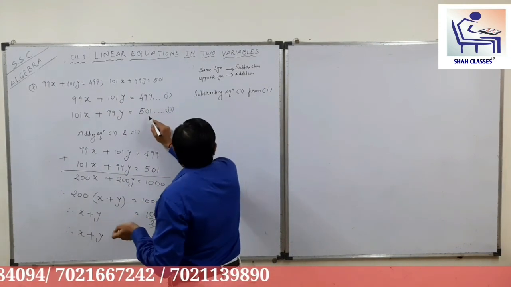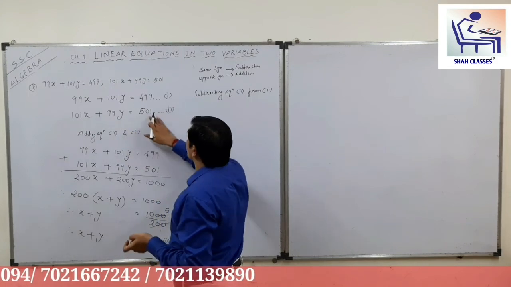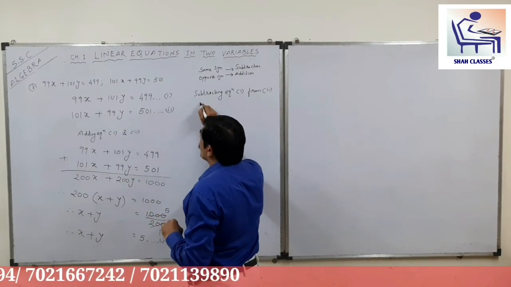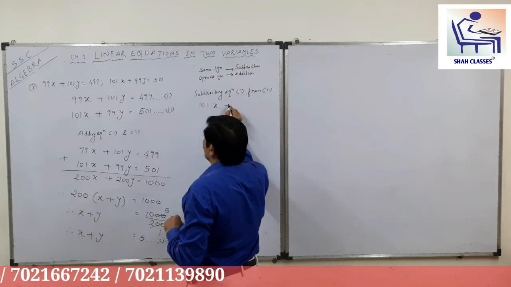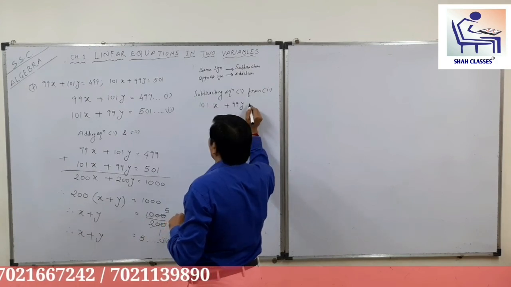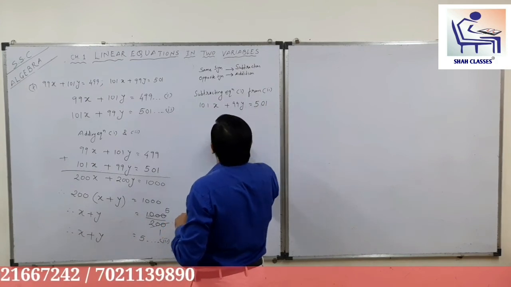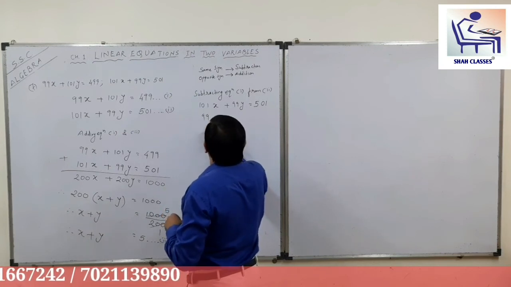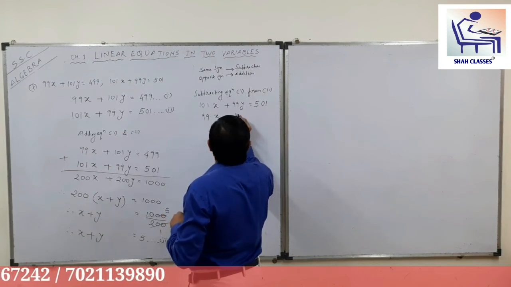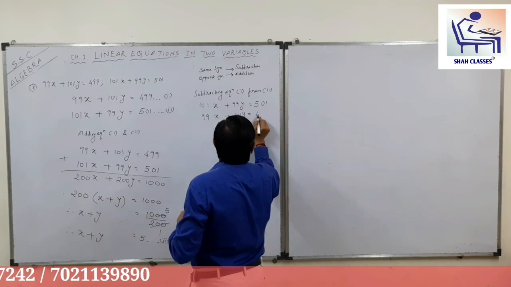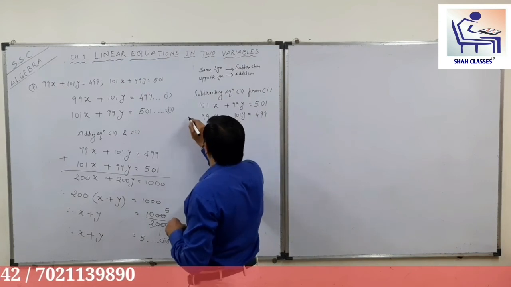So if we want an easy way, take this equation on top. So 101x plus 99y is equal to 501, 99x plus 101y is equal to 499.